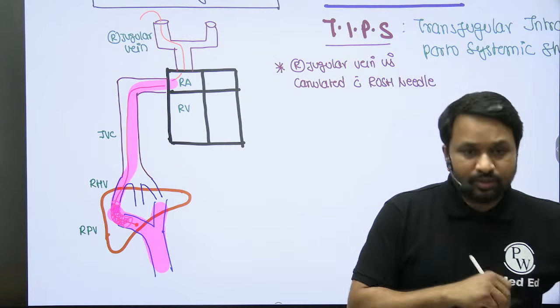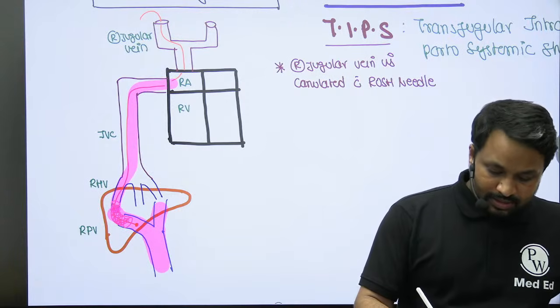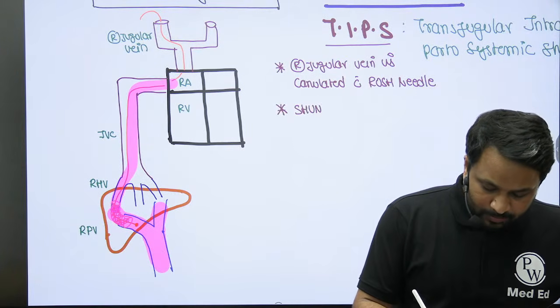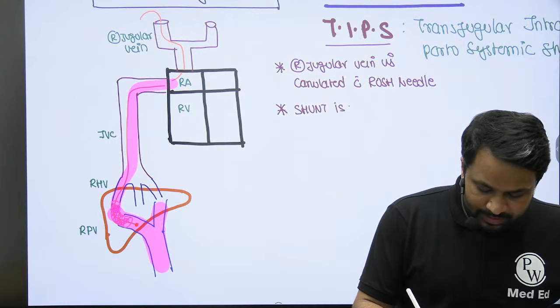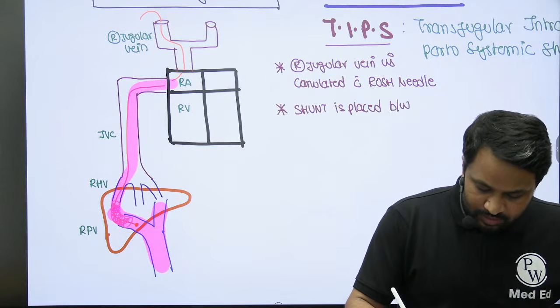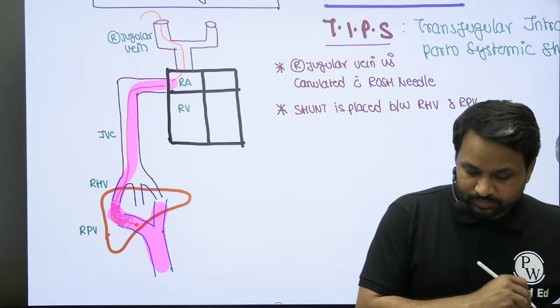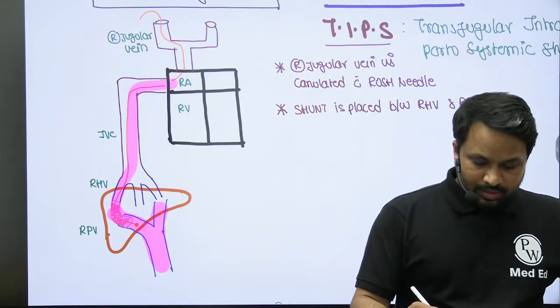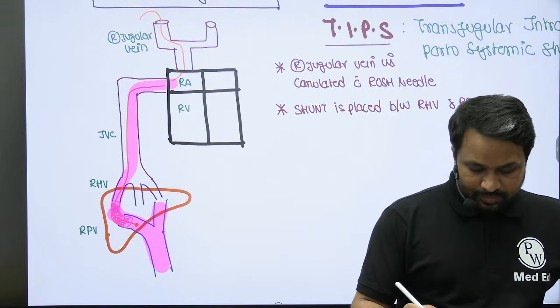Now once it is cannulated, the shunt is placed between the right hepatic vein and the right portal vein. This is the concept of the TIPS that we have.